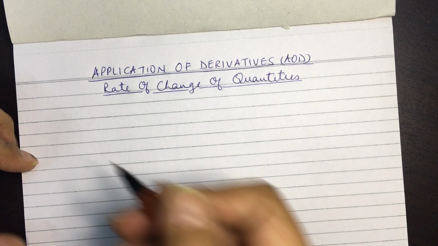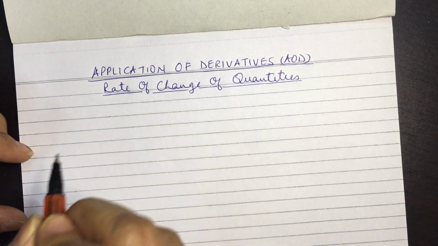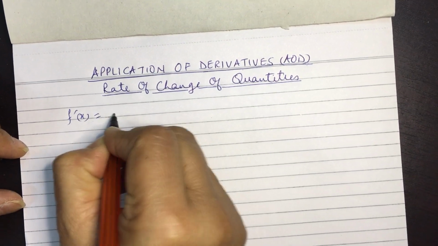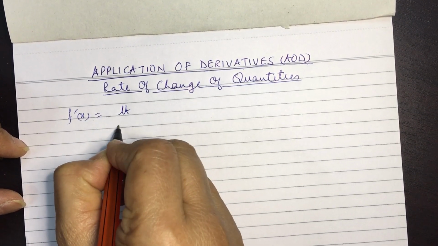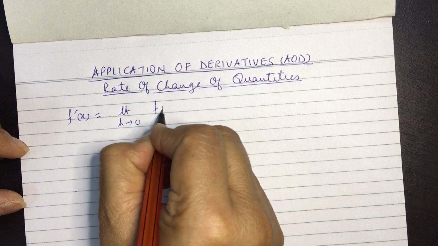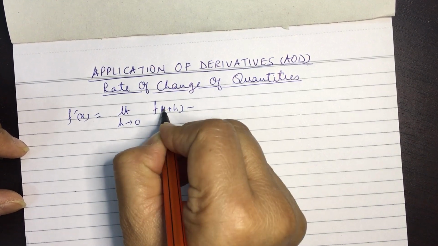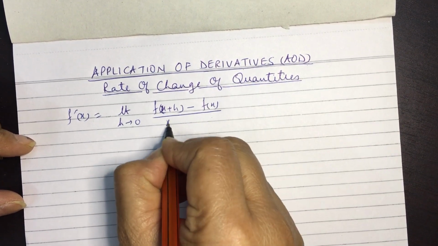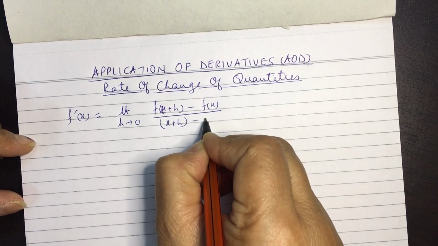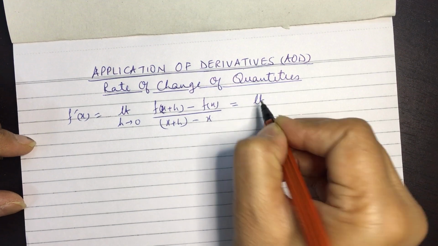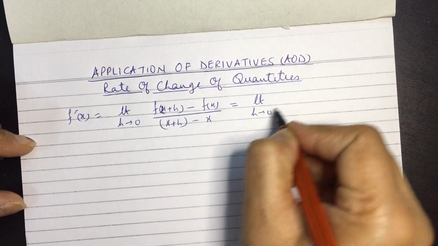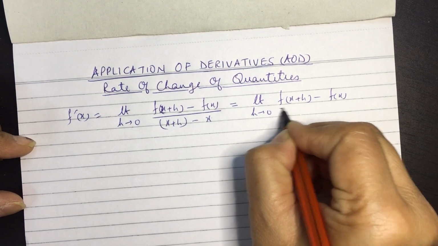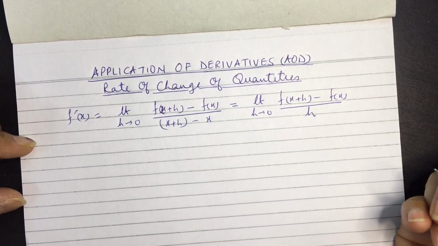Now let's see the basic definition of derivative. f dash x is defined as limit h tending to 0 of f of x plus h minus f x over x plus h minus x, which gives us limit h tending to 0 of f of x plus h minus f x over h.